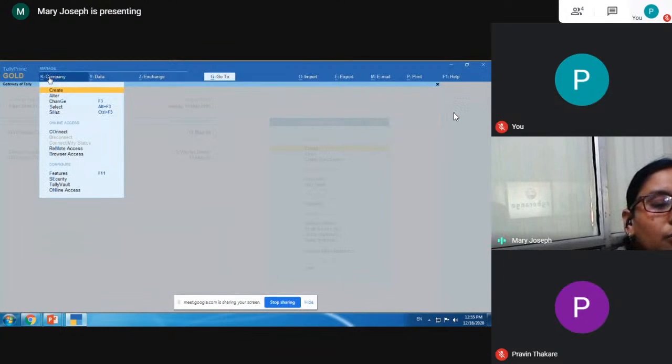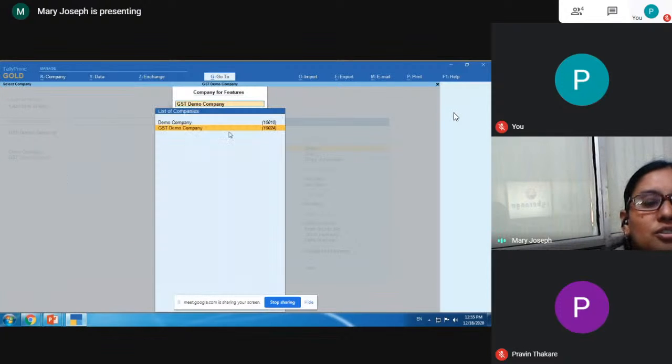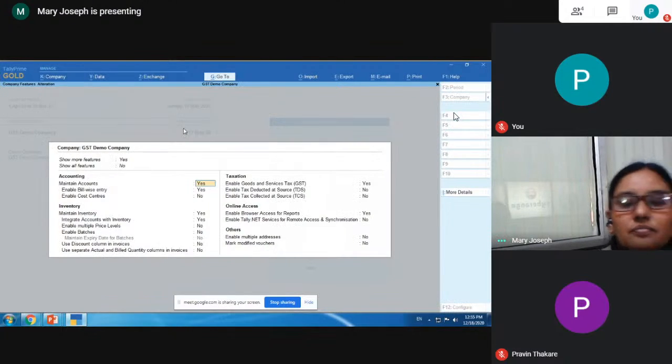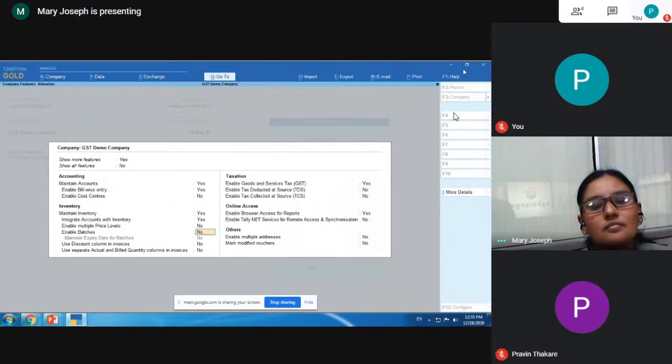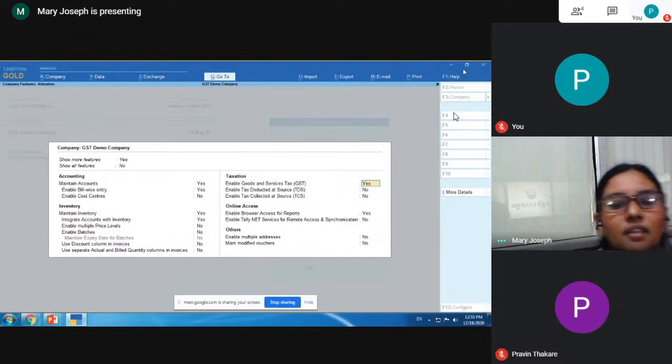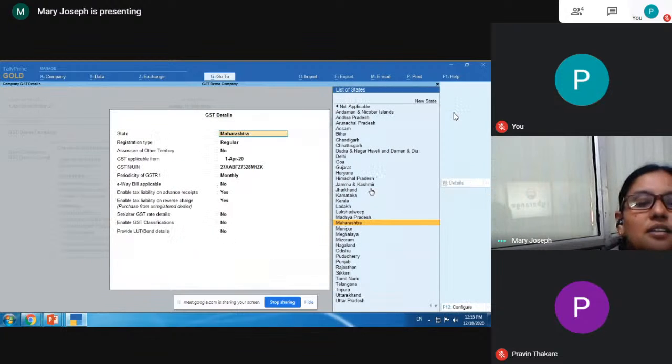Now, how to enable GST in the existing company? Features. From the taxation features, you can enable goods and service tax GST to yes. Now, you can fill in all the details here.